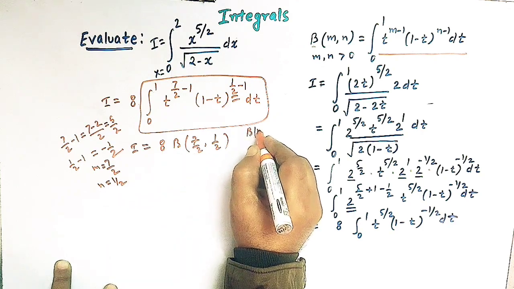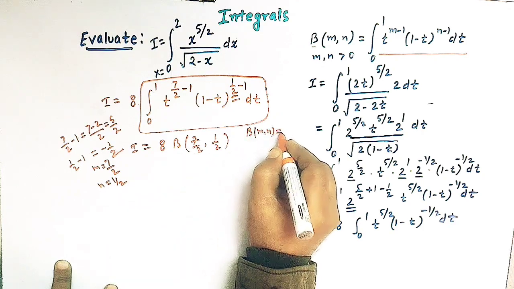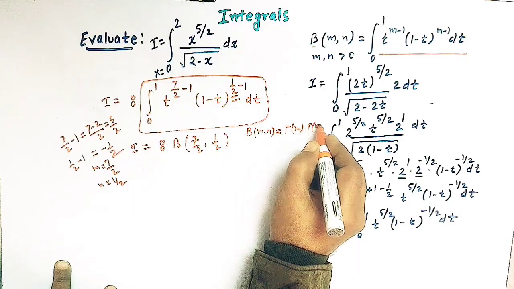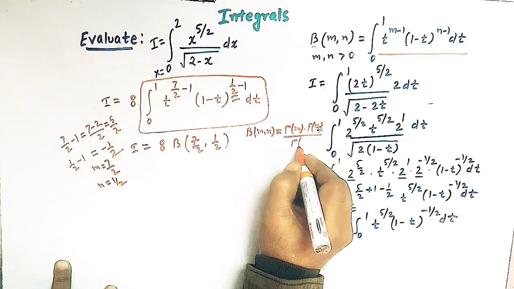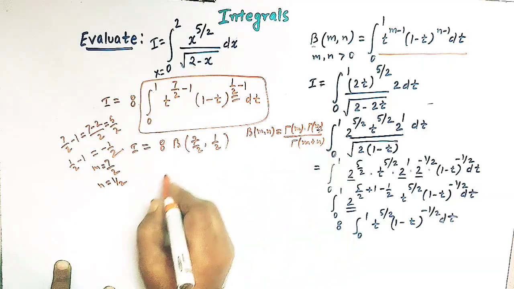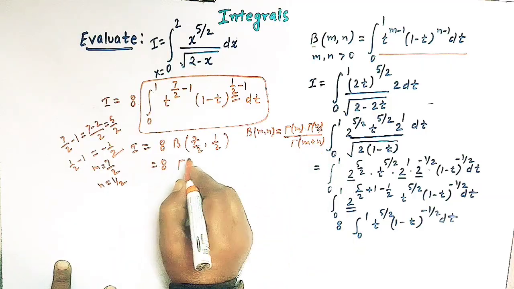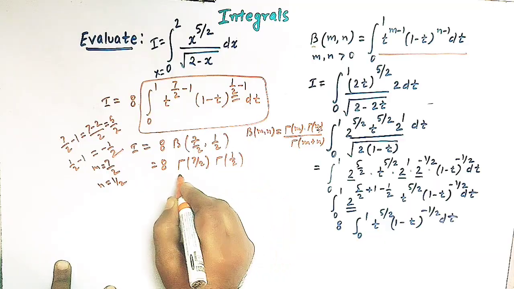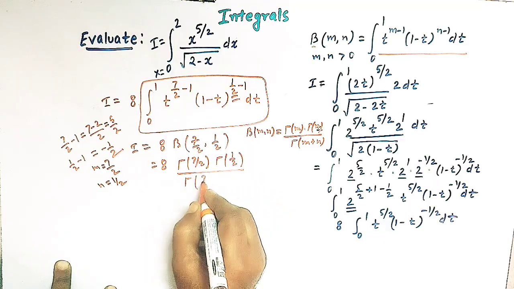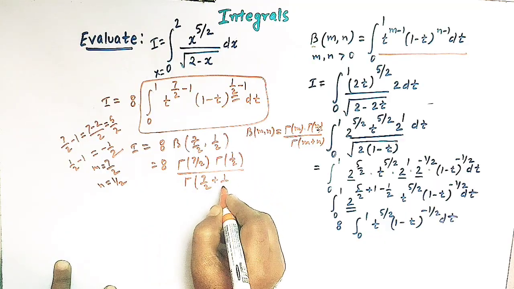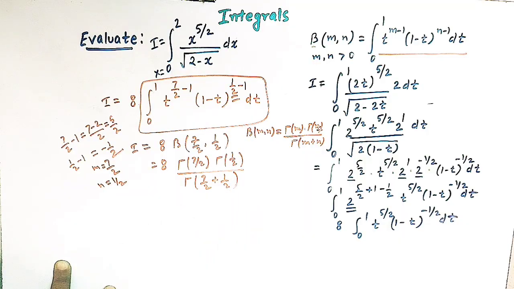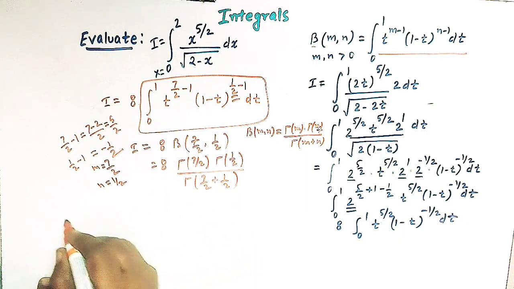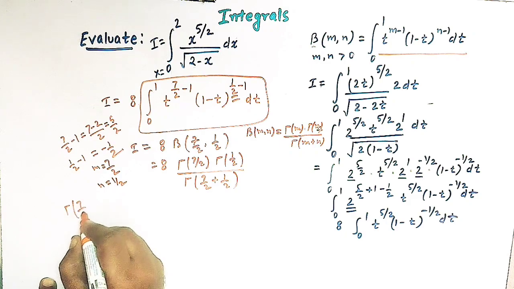So beta m comma n is given by gamma m times gamma n divided by gamma of m plus n. So here we can now write gamma 7 over 2, then gamma half, and then gamma of 7 over 2 plus half, right? Okay, so now let us find out the value of gamma 7 over 2.